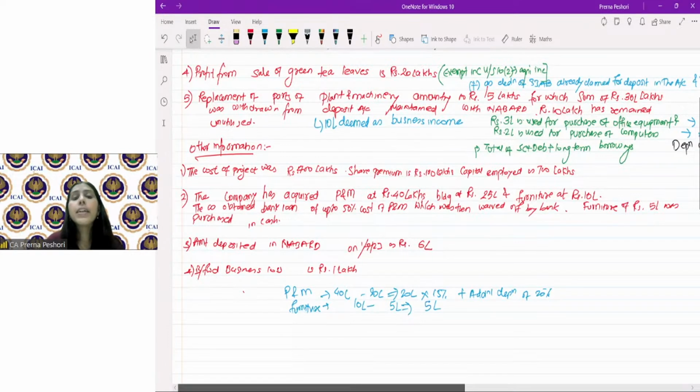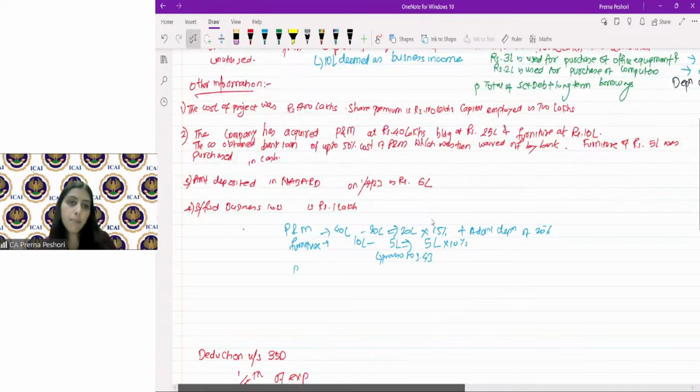It is provided in the proviso to section 43: cash payment over and above 10,000 will not be considered as the cost of acquisition, into 10%. Fine. Then finally, it is building at 25 lakh, which is again at 10%.